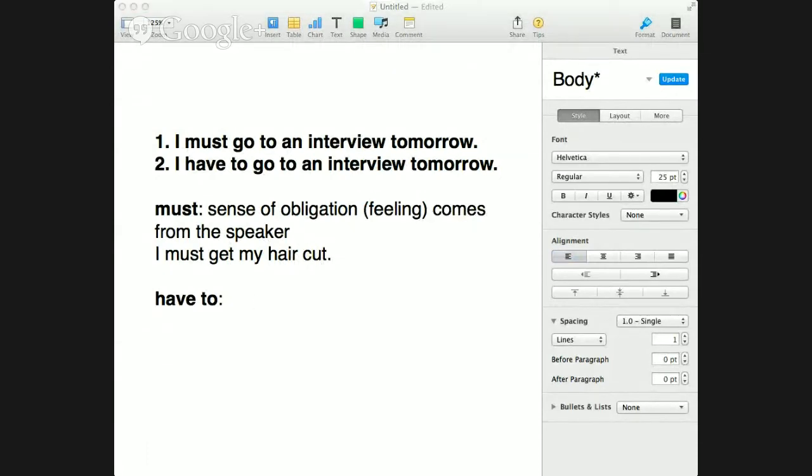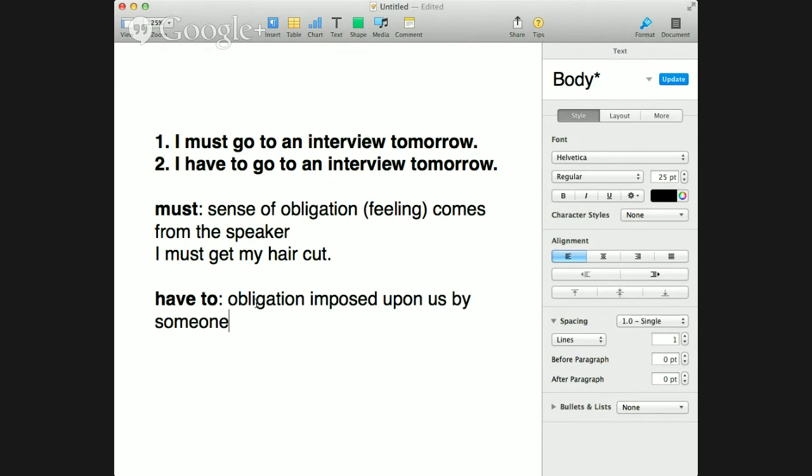However, if we use the word have to, it's usually that the sense of obligation is imposed upon us by somebody else. So what I like to say with this one is it's kind of like the teenager's word, because they're always saying, oh, I have to blah blah blah.